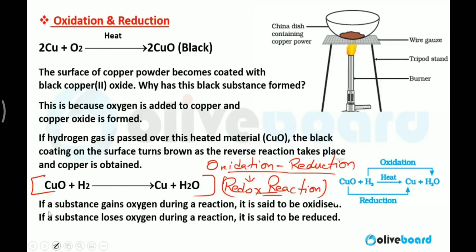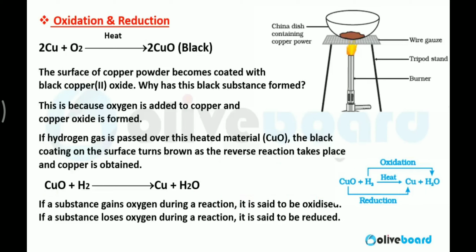In any chemical equation, if there is an oxidation reaction as well as a reduction reaction, such kind of chemical reactions are known as redox reactions. Very, very important. Clear?